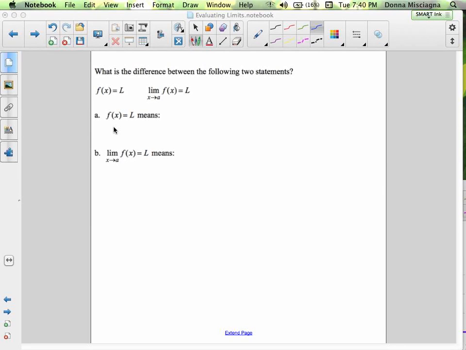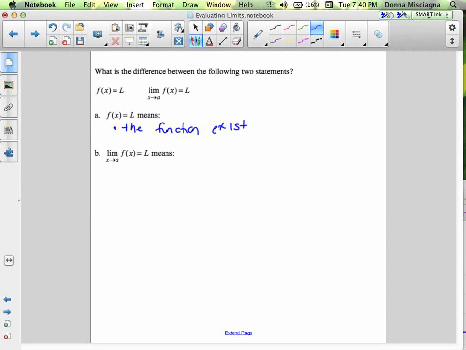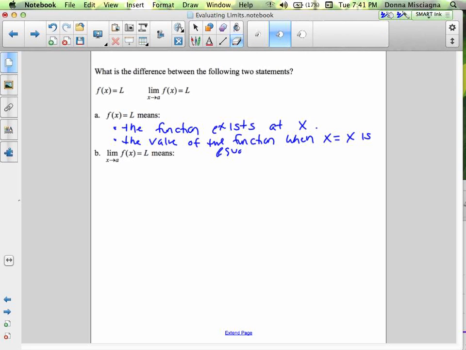So in general terms, f of a equals L means, first of all, the function exists at a, and not only does it exist, the value of the function when x equals a is L. Right there, we can get it on one line.